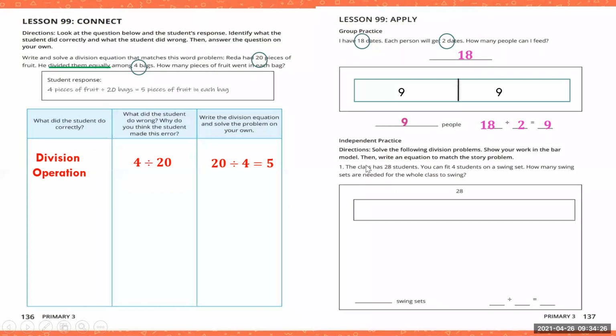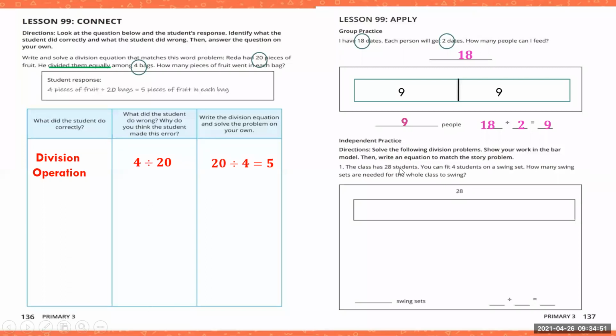Okay, focus with me, please. Here in number 1, the class has 28 students. You can fit 4 students on a swing set. How many swing sets are needed for the whole class to swing? I have the total 28.